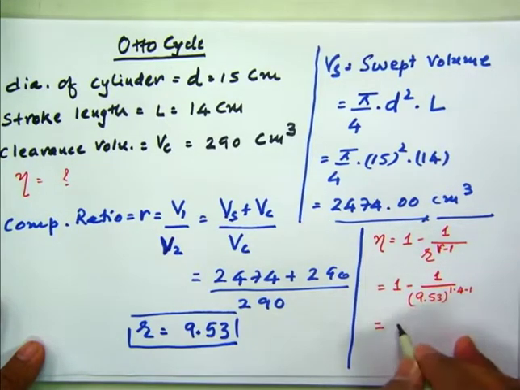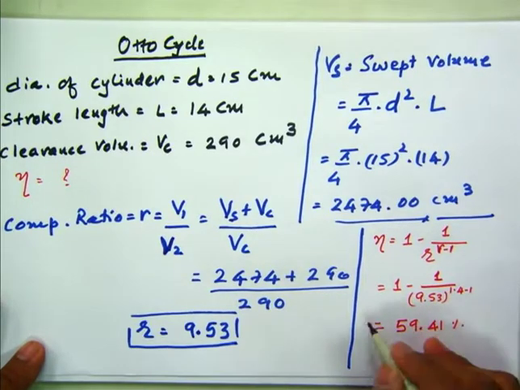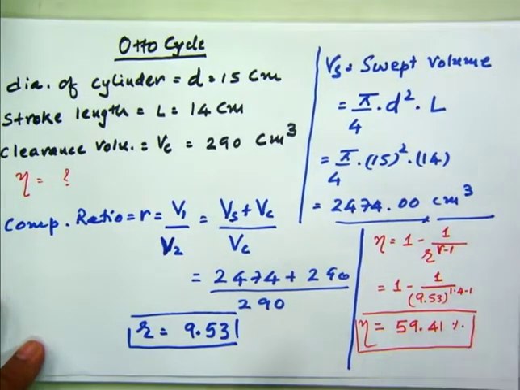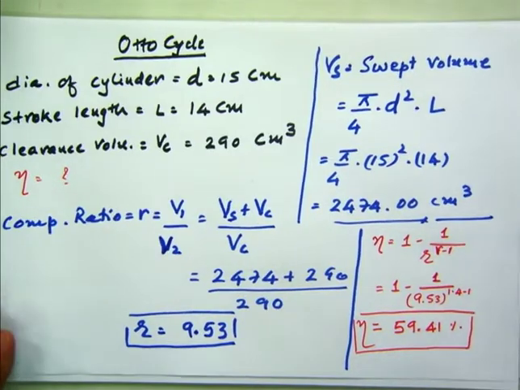Solving this, you will get 59.41%, eta, 59.41% efficiency.